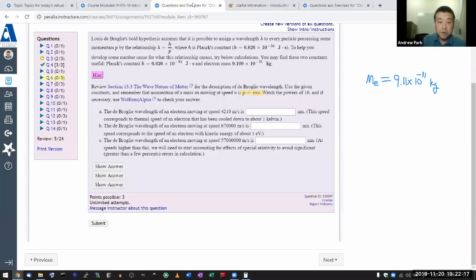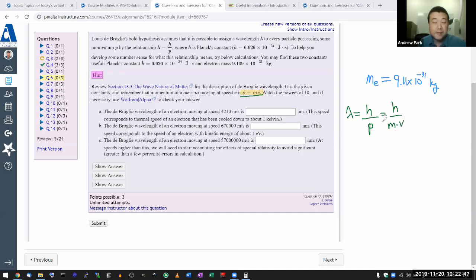So the wavelength, according to the de Broglie relationship, of any object that has momentum is Planck's constant divided by the momentum, which, using the relationship between momentum and mass and velocity, I can write as Planck's constant divided by mass times velocity.